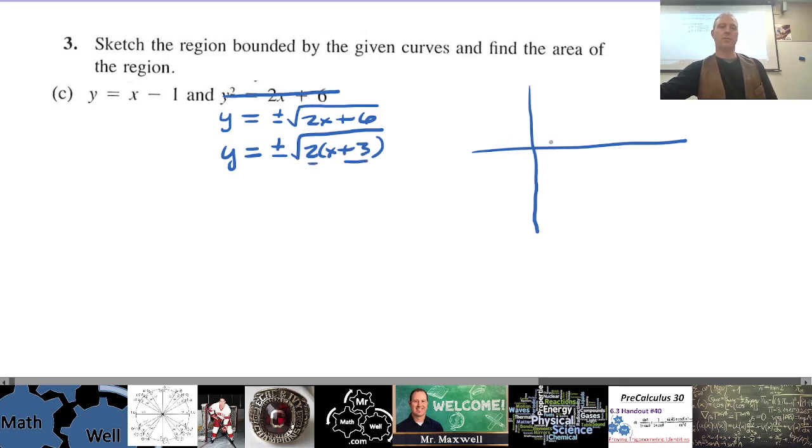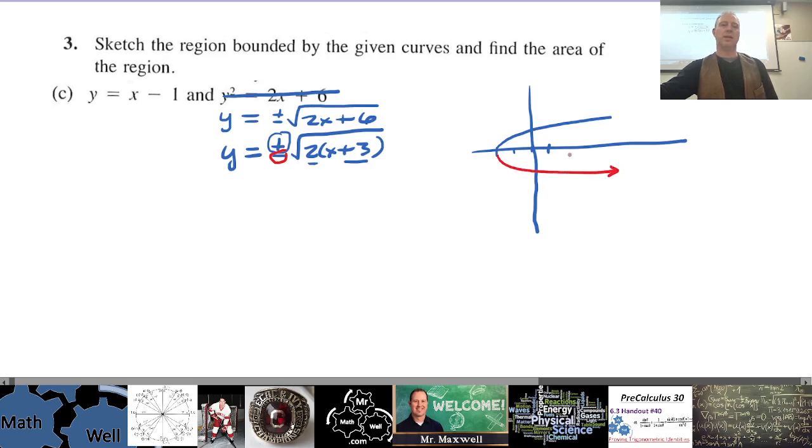Don't write this down, but this is the regular square root graph, the positive version. So we're going to move this over to the left 3 units. Instead of at 1, we're going to go like this, just as a rough sketch. That's the positive version, and the negative version is like this.